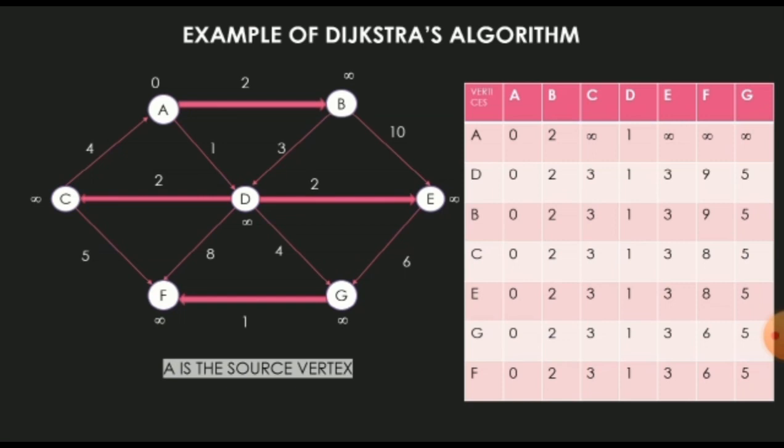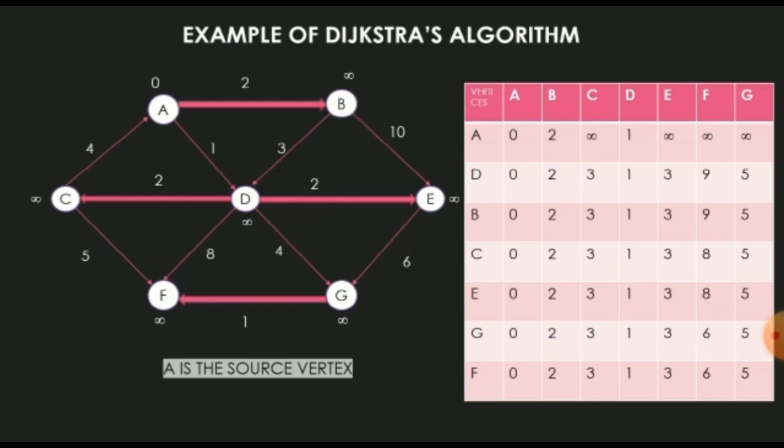Now we compare the weights of C, E, F and G. C and E have the same weight, so we follow alphabetical order and we visit C as the next node. From C we have edges to A and F. As A is the source node, the weight of A remains unchanged.